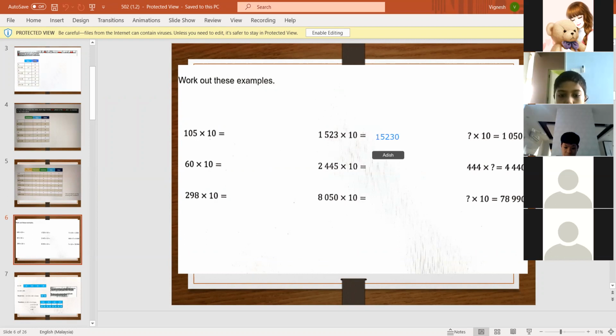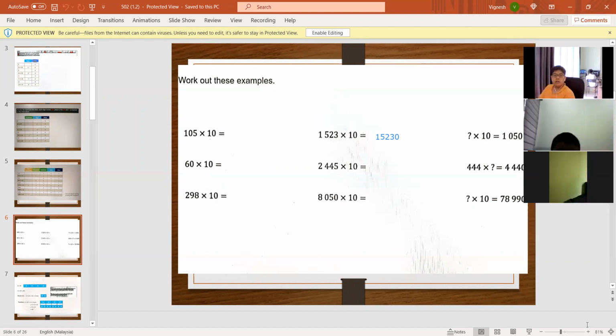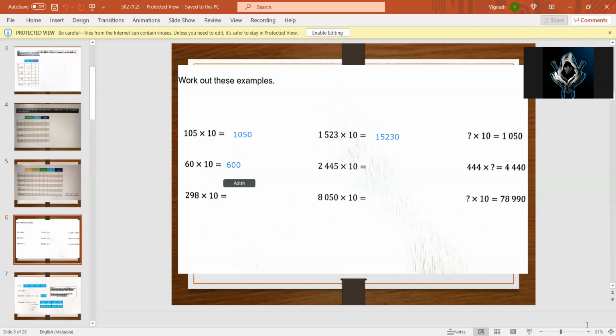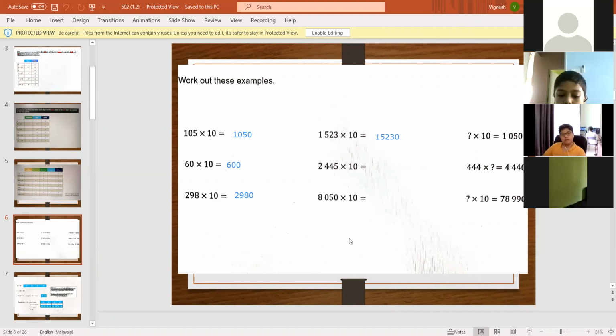Number 4, Adishwara. Okay, correct. 15,230. Herman, number 5. 24,450. Very good. Wei Feng, number 6. Don't waste the time, Wei Feng. Louisa, number 6, can.